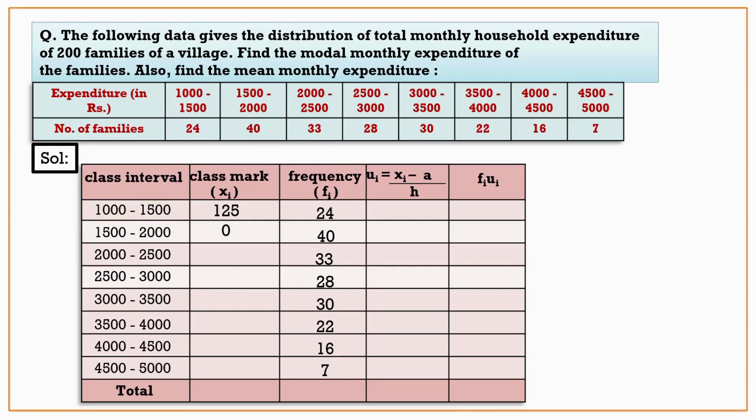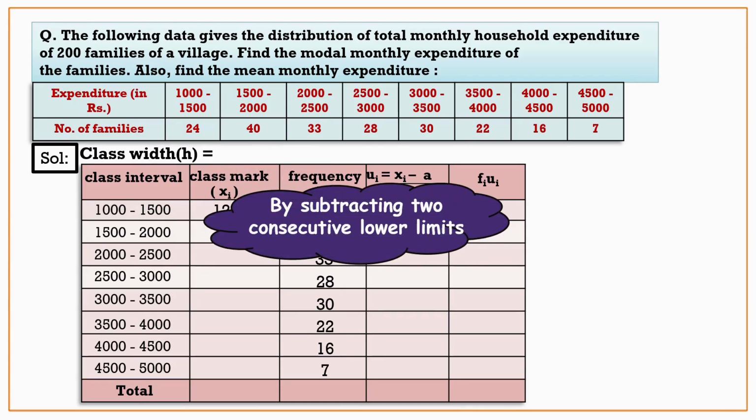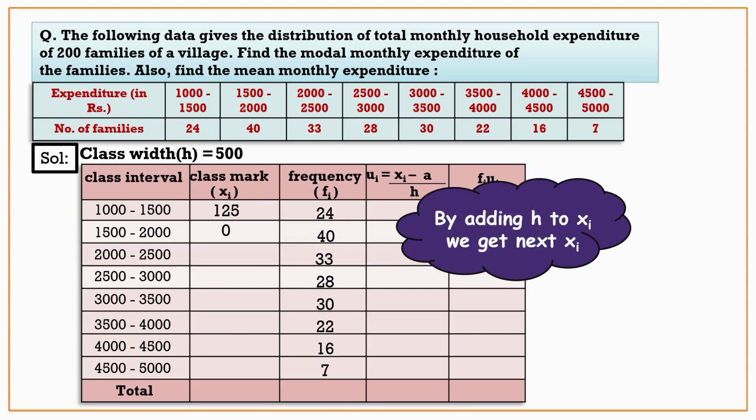So let's find the xi, that is lower limit plus upper limit by 2. Now by subtracting two consecutive lower limits, we will get the value of h, that is the class width. Now just by adding h to xi, we will get the next xi.